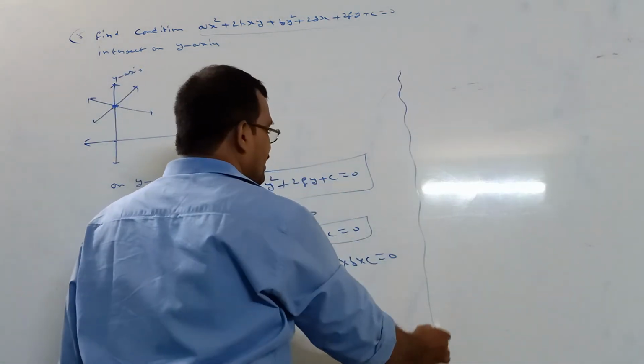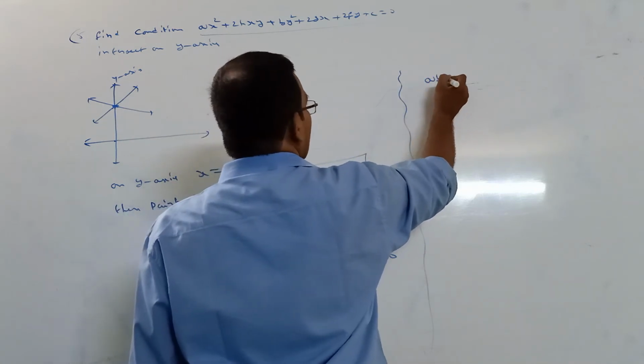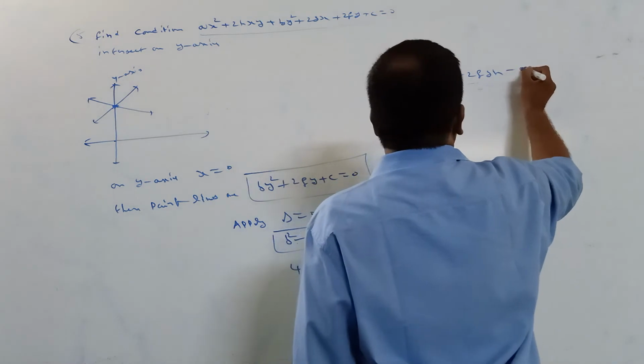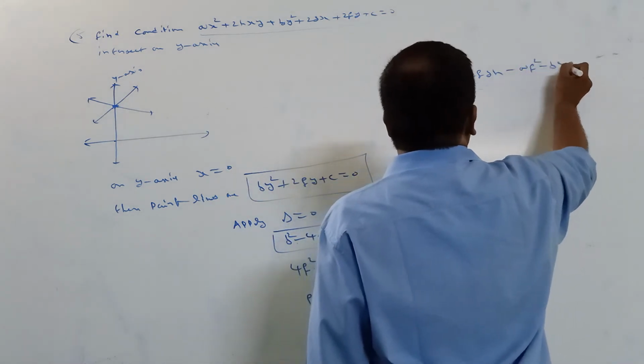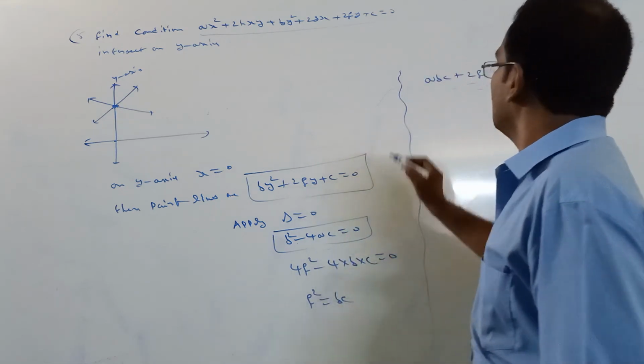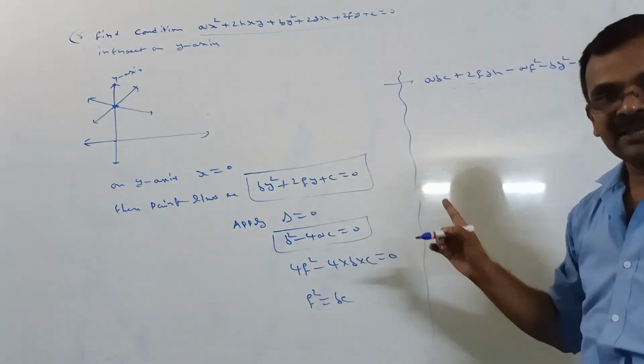But the given equation represents a pair of lines, so consider abc plus 2fgh minus af square minus bg square minus ch square equal to 0. Consider the pair of lines condition.